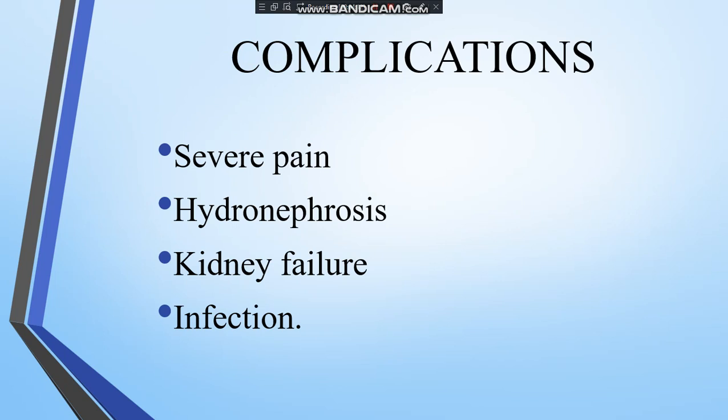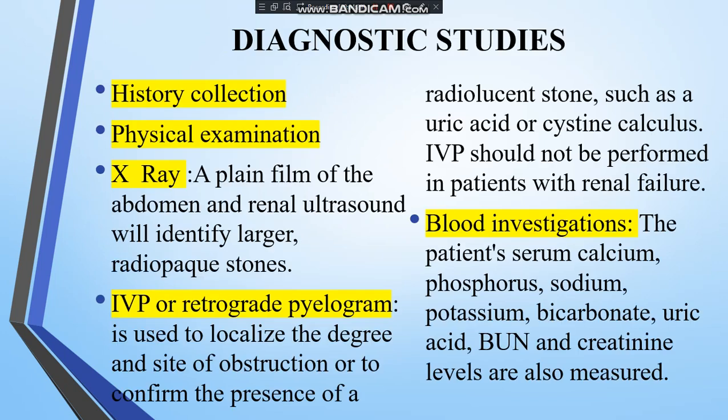In coming days you will be hearing about acute kidney failure and chronic kidney disease, so kidney failure may happen eventually. Along with this, the patient may develop several types of infection.